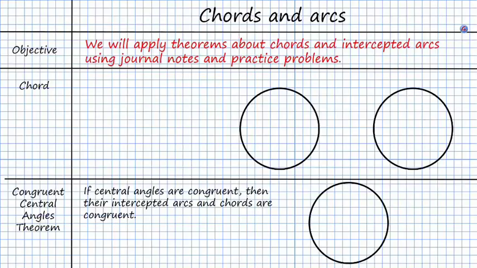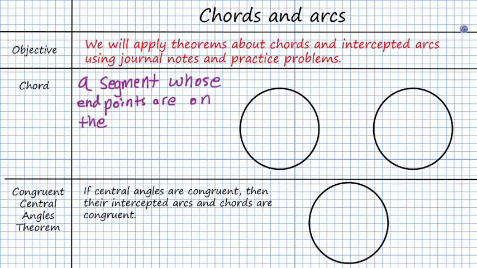So the first thing that we need to do is define a chord, and we already saw this in our poster project. A chord is a segment whose endpoints are on the circle. And interestingly enough, this is a kind of large category of things.